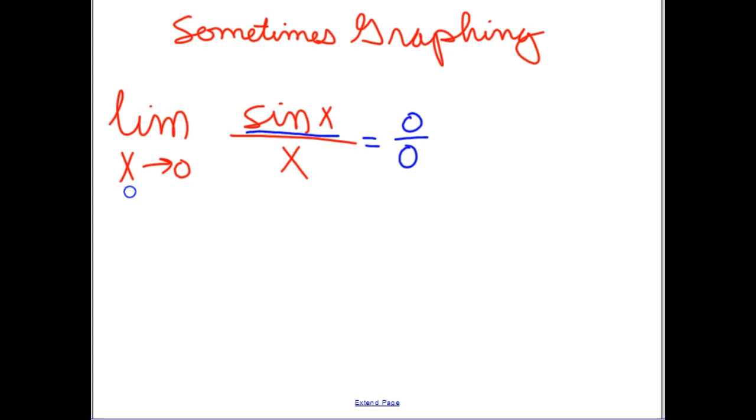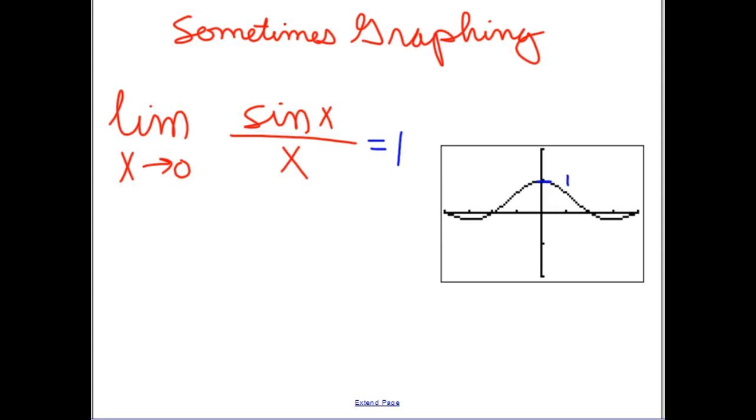And you should be able to tell by looking at the picture what the limit is. Even though it's undefined at 0, the function becomes closer to 1. So the limit of that is 1.